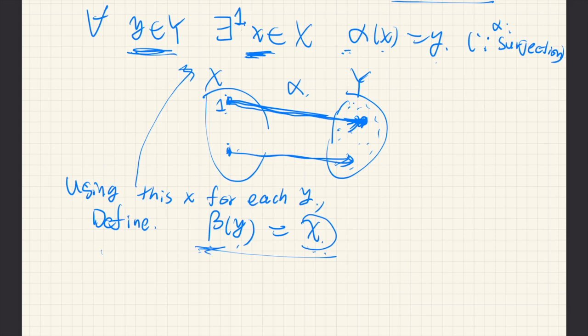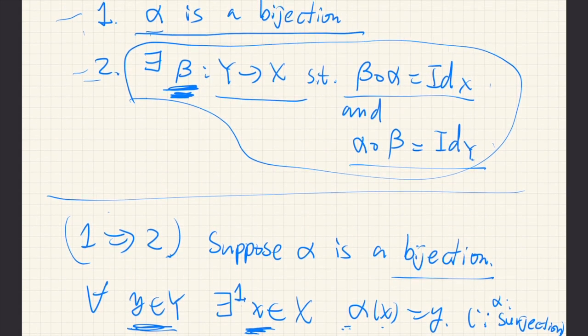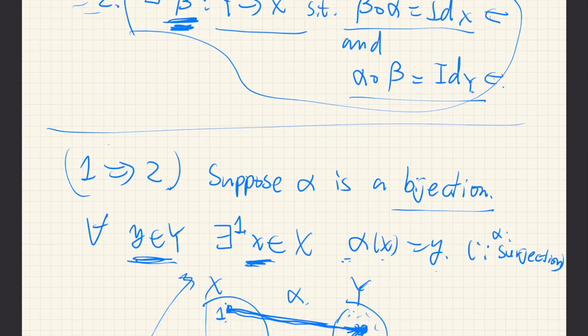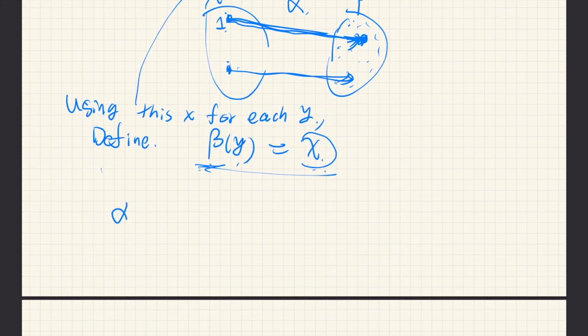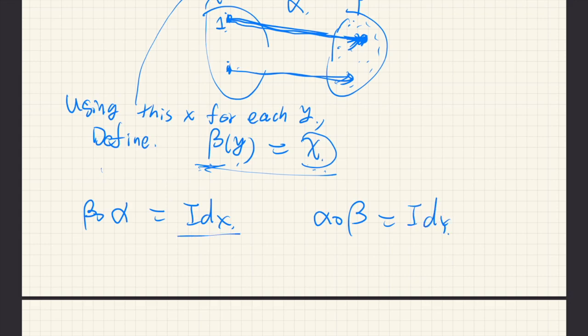Now that we define a map beta, we need to show these two properties. Okay, beta after alpha is equal to ID X, and alpha after beta is ID Y. So what is this ID X? It's the identity map from X to X, right?